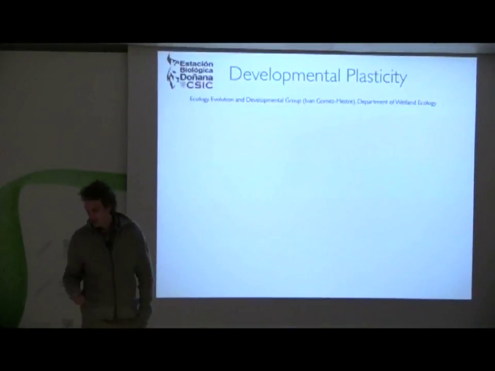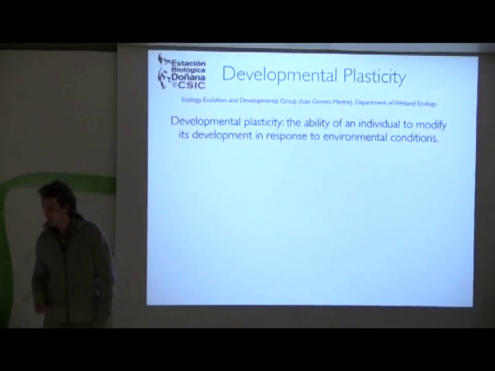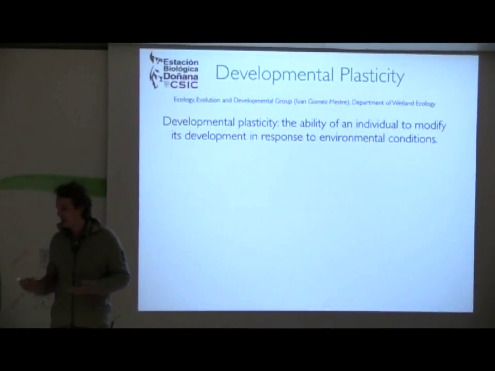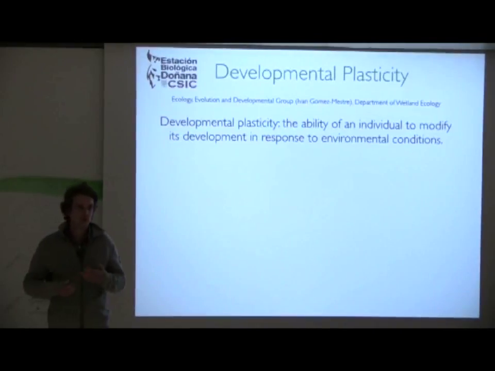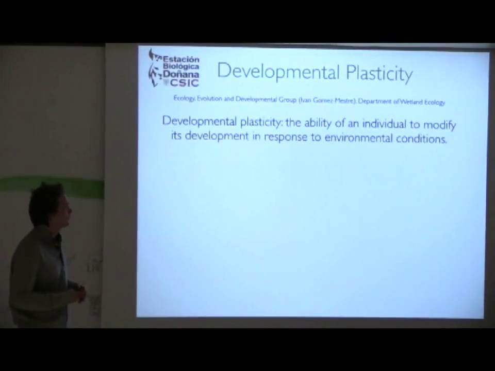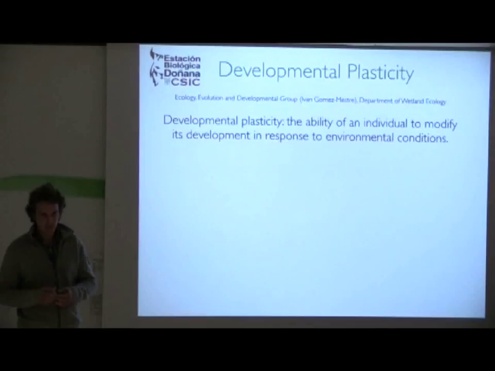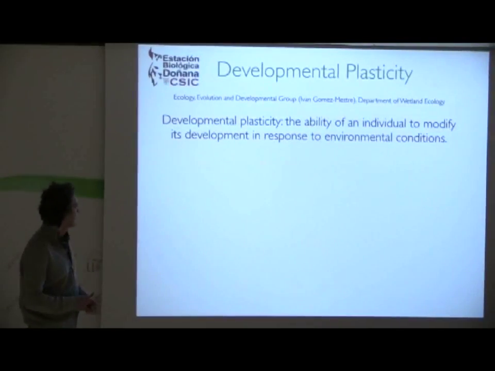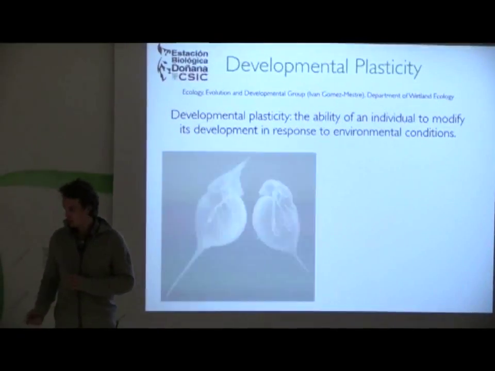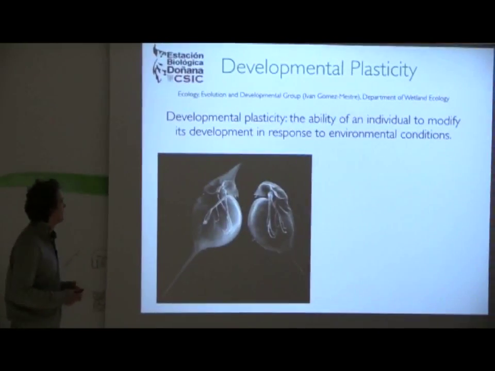And in part, they work on developmental plasticity, which can essentially be defined as the ability of an individual to modify its development in response to environmental conditions. We're probably all familiar with examples of that kind of plasticity.